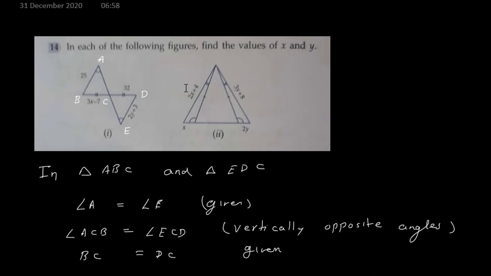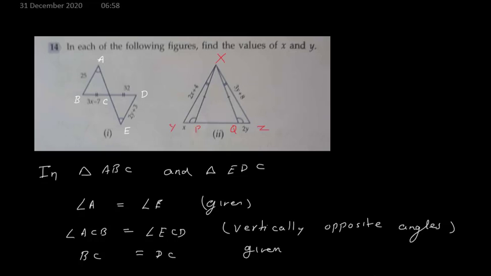Now let us take the second triangle. Here also in the same way, we will rename it first. Let us name it as x, this as y, this as z, this let us say p and this as q. Now this angle and this angle are given equal, and this side and this side are given equal.